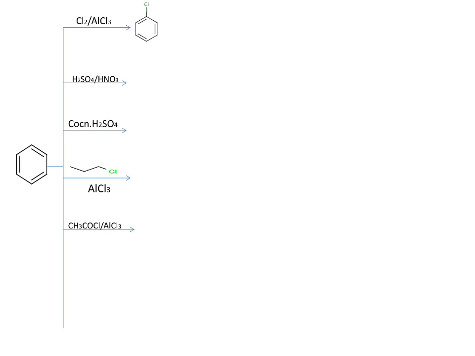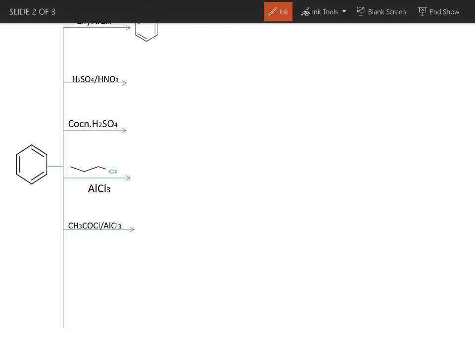Now in the second reaction, benzene is reacting with a mixture of concentrated sulfuric acid and concentrated nitric acid. Mixture of concentrated sulfuric acid and nitric acid is called nitrating mixture. When nitrating mixture reacts together, it will form an electrophile NO2+.